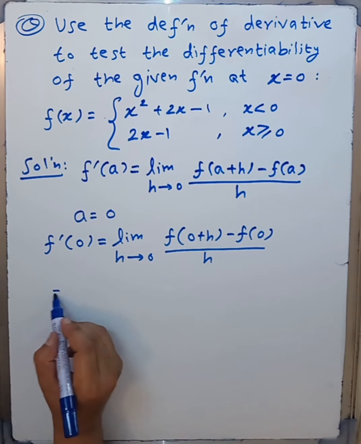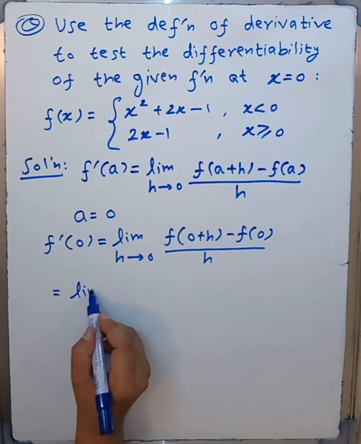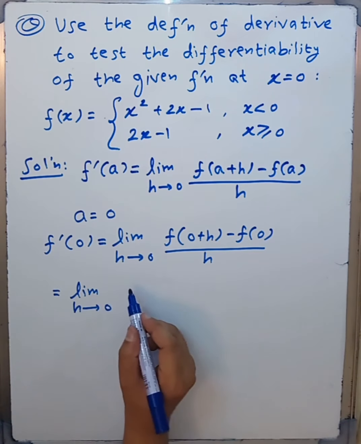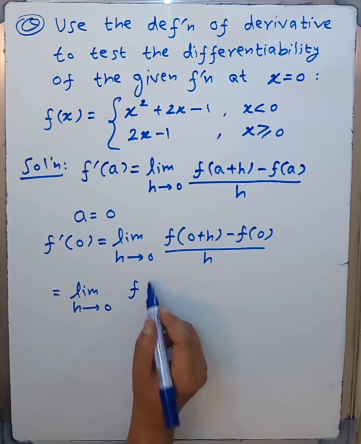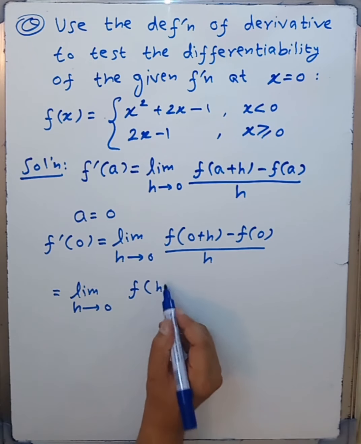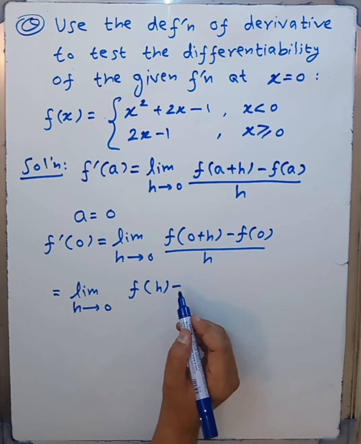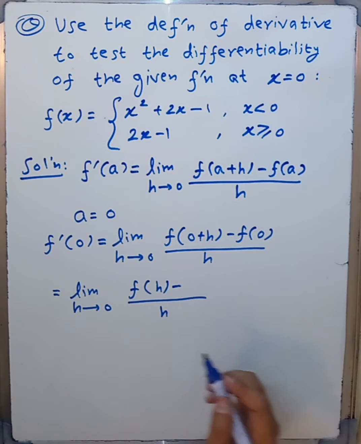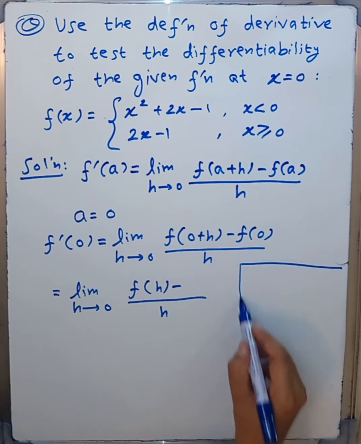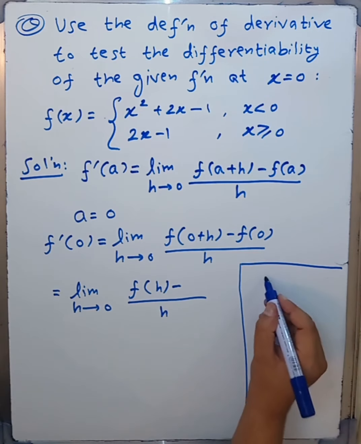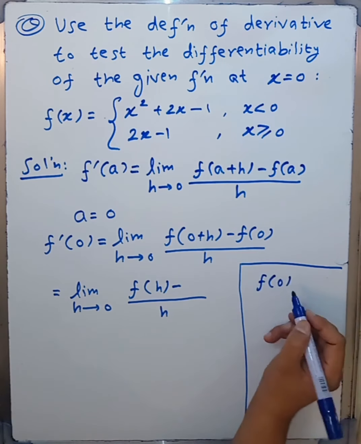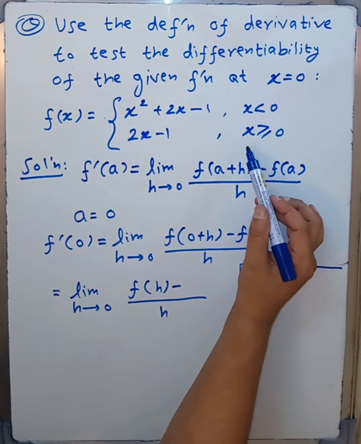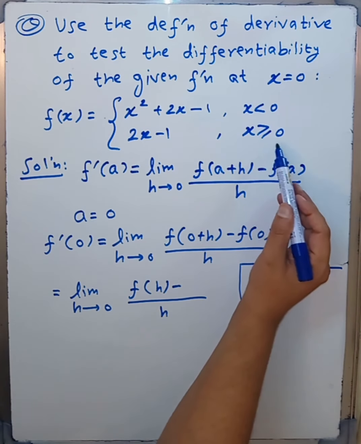This is equal to limit h tending to 0, f(0 plus h), that will be f(h), minus f(0) divided by h. f(0) means x is equal to 0.